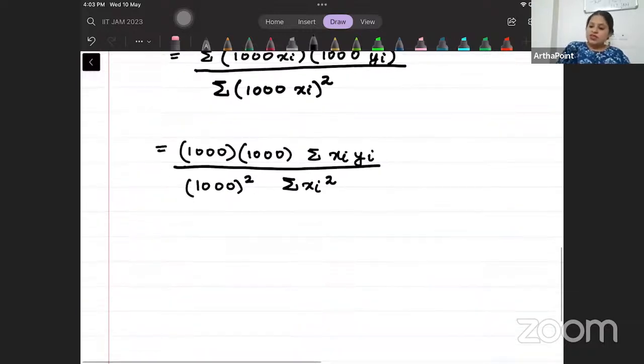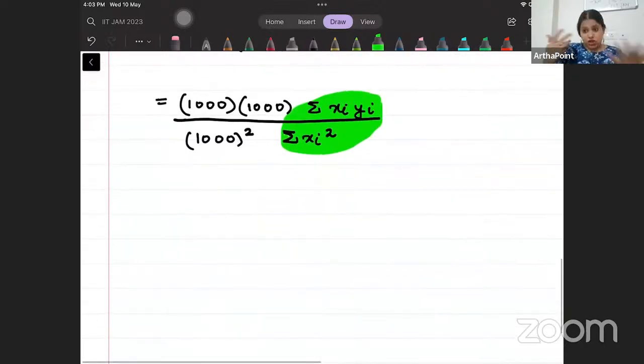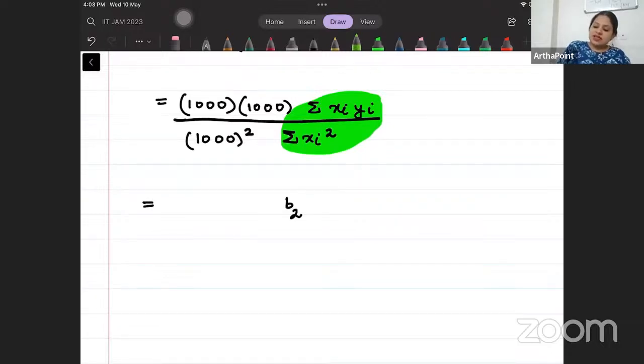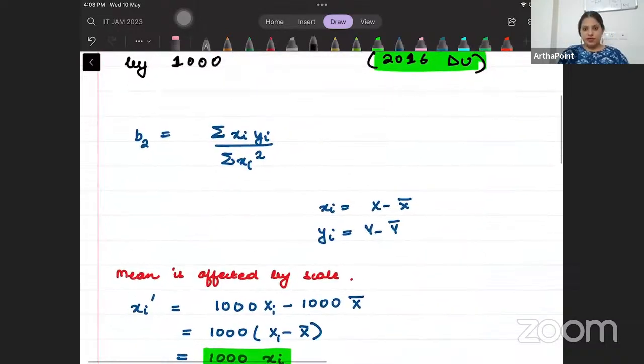If you look closely, this part is simply your initial slope coefficient. And if you notice, the 1000 cancels out. Which means that the new slope coefficient is exactly equal to the initial slope coefficient.